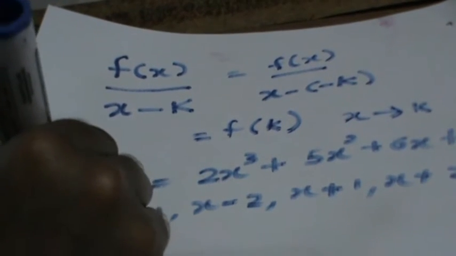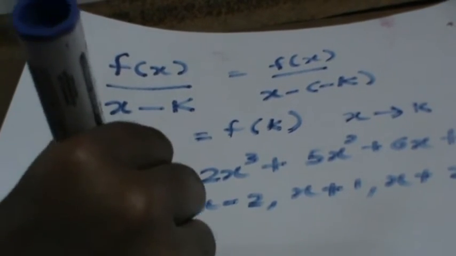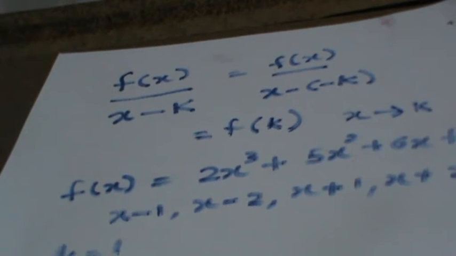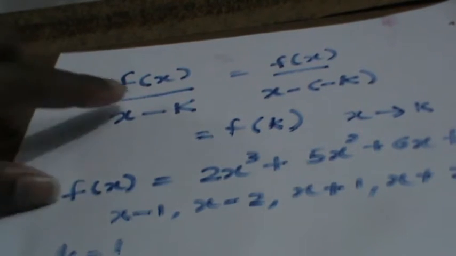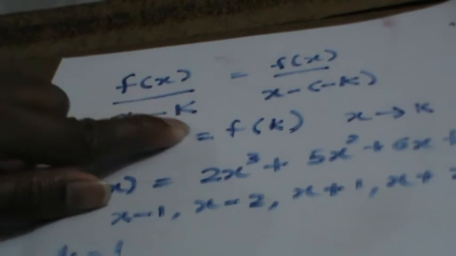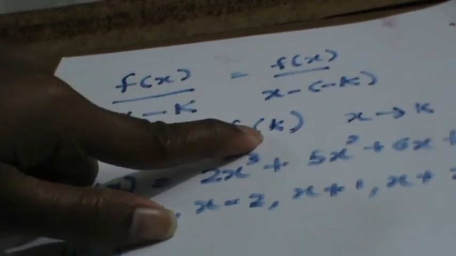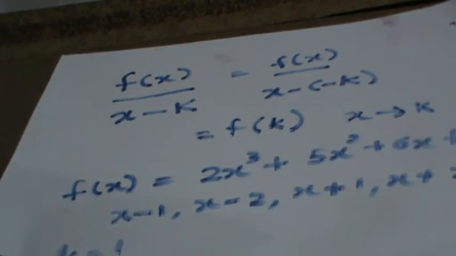So the remainder when f(x) is divided by x minus 1 is f(1), because when f(x) is divided by x minus k, the remainder is f(k).